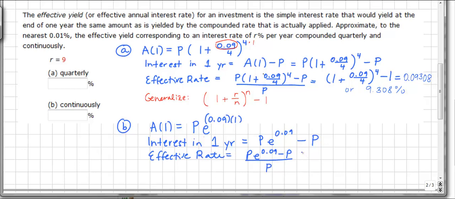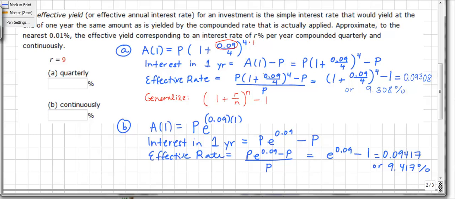Okay, and then notice algebraically the P's cancel throughout, which gives you the calculation e to the 0.09 minus 1, or 0.09417, or roughly 9.417%. Okay, now if you're comparing same interest rate, then the compounded continuously should give you your highest effective yield.